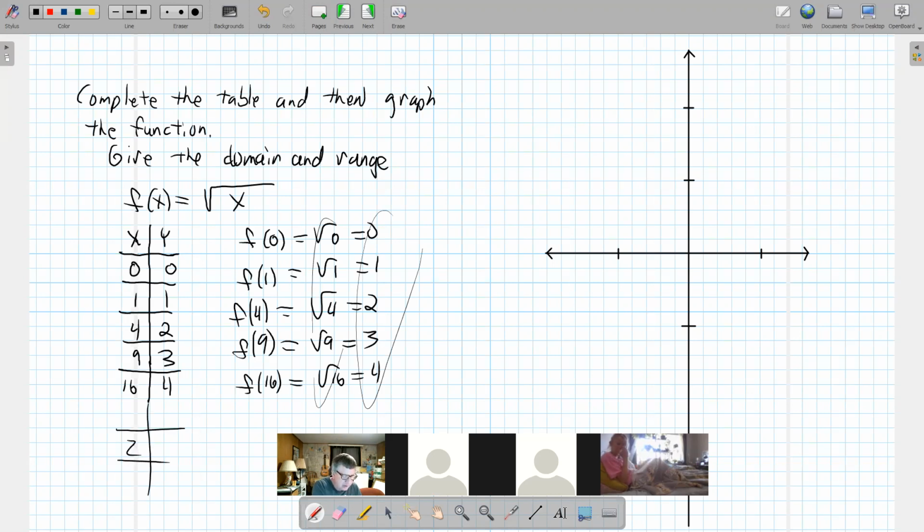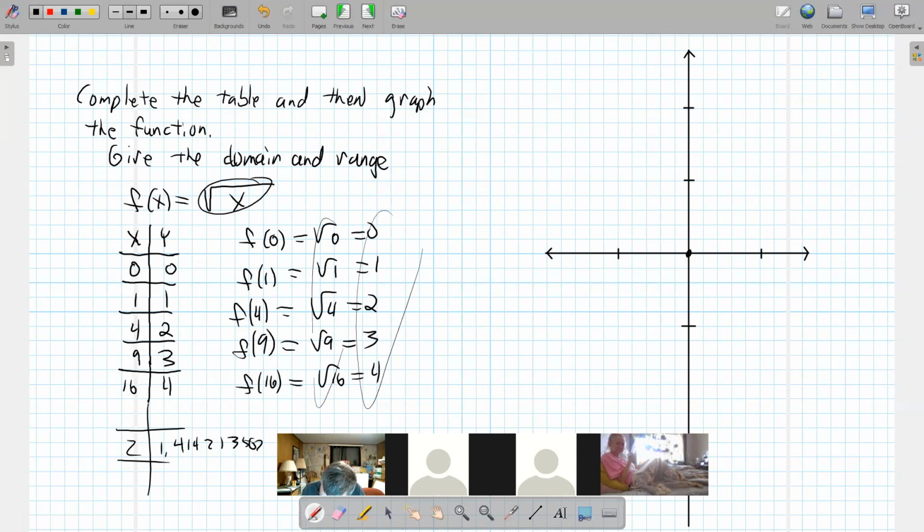Then I would go to my calculator, the square root of 2, and I get 1.4142135, and then I have to graph that awful thing. So by planning ahead, because we were going to take a square root, by putting a perfect square inside of there, we got nice answers. So we can graph those nice answers.